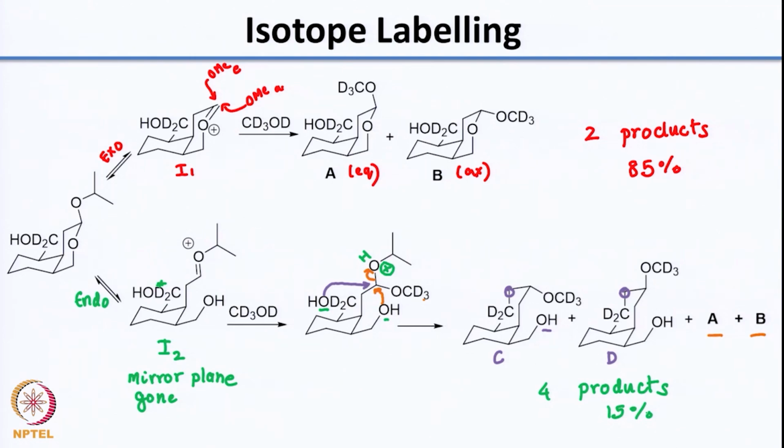So, they could say that once the reaction was done, since C and D were very small, it went mainly by the exocyclic pathway. So, this is how isotope labeling can be used very beautifully to show what the reaction mechanism could be, even in biology.